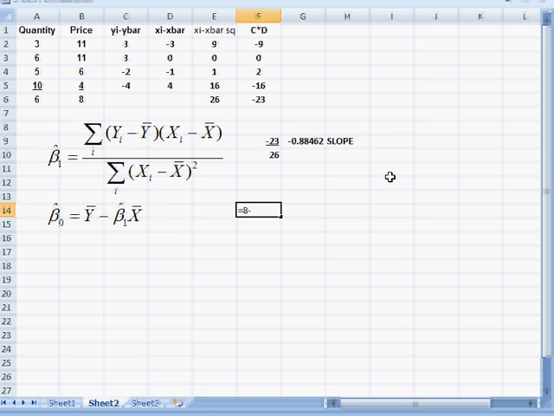The slope, which is minus 0.88462. Don't let these minus signs mess you up. Times the average of the x's, 6. And I'll show you what this formula is doing in just a second on the graph, since I like to visually look at things. Y bar, 8, minus slope, which is minus 0.88462, times x bar, 6. What do we get?